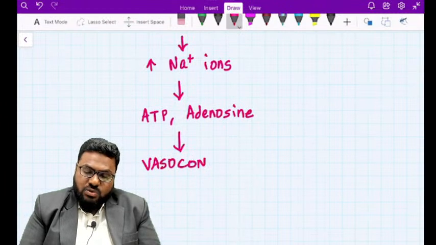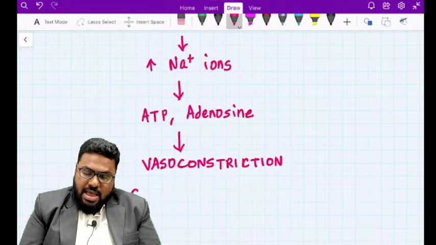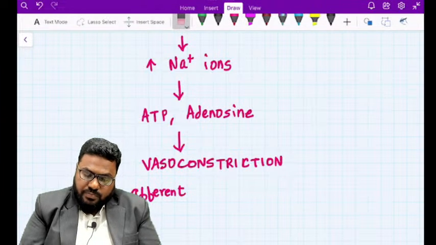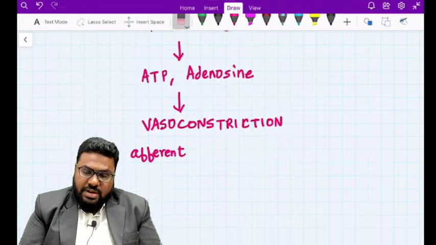What will happen if vasoconstriction of the afferent renal arteriole occurs?